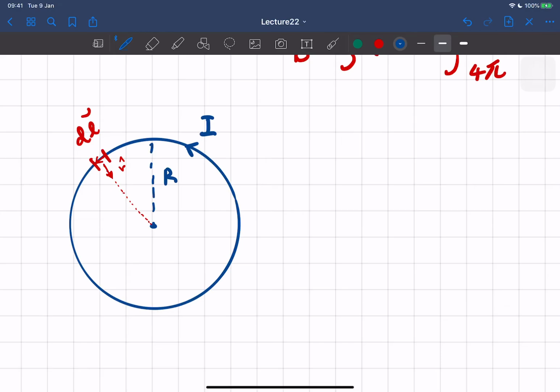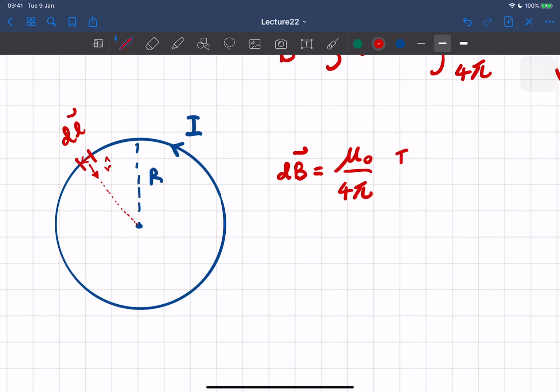The first thing we need to figure out is the direction of dB, which is the magnetic field coming from this small section dl. So let's just write the Biot-Savart law here. So dB is I dl cross the unit vector r hat divided by r squared.